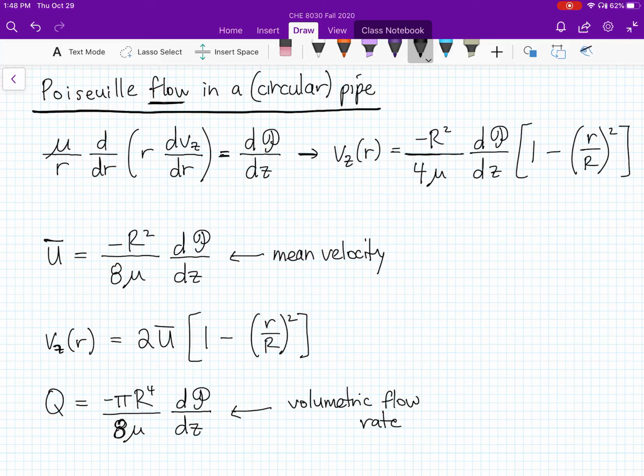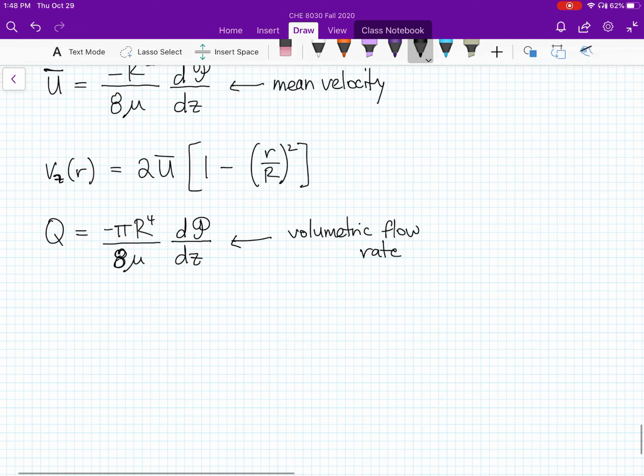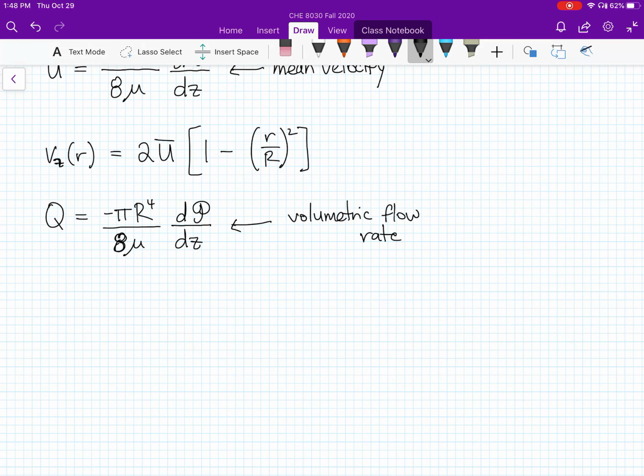All right, we're almost done. I just want to quickly go through one last review example problem. In this example problem, we are going to have flow in an annulus.